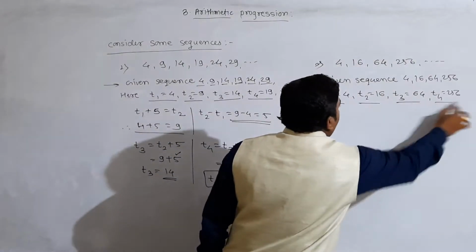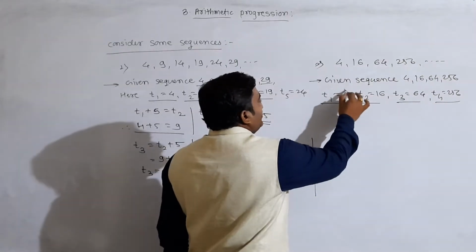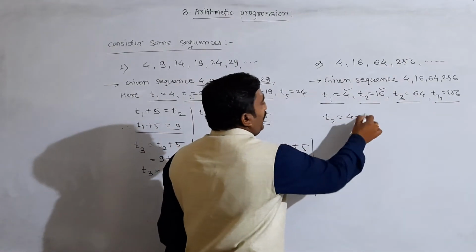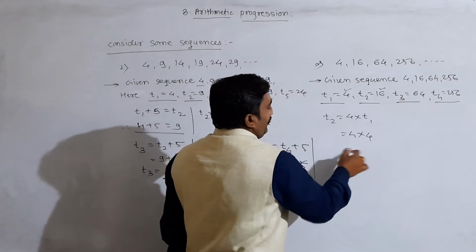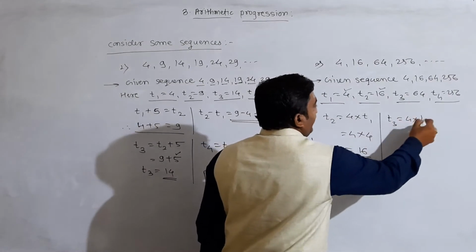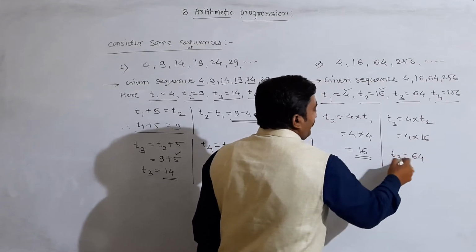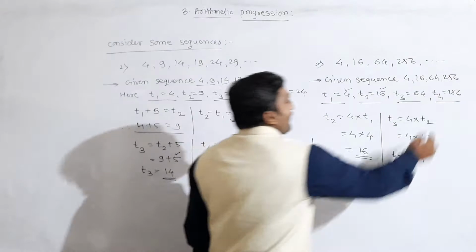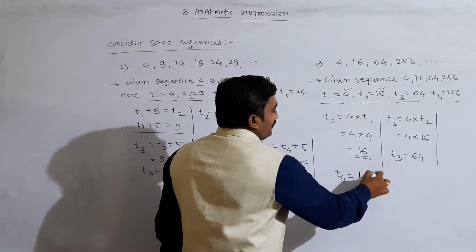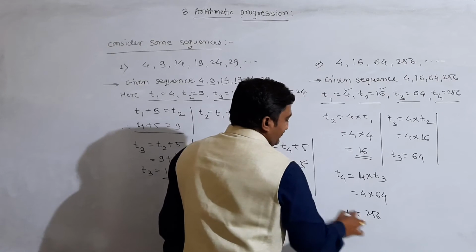Observe all these 4 terms. When T1 is equal to 4, T2 is equal to 4 into T1. 4 into 4, 4 4s are 16. Then T3 is equal to 4 into T2. 4 into 16, 16 4s are 64. Then T4 is equal to 4 into T3. 4 into 64, it means 256.